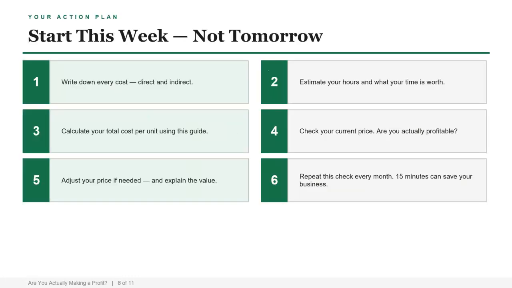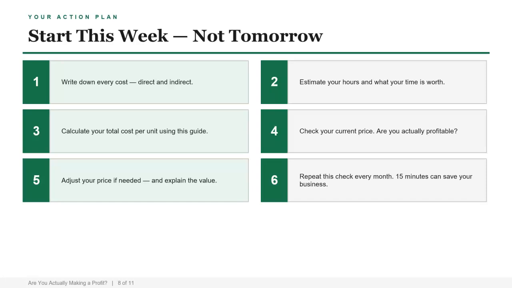And so, as you're watching this video, I want you to do a couple of things for me, starting from now, starting this week, whichever time you get to watch this video. First, write down every cost, direct and indirect. Second, estimate your hours and what your time is really worth. Calculate your total cost per unit using this guide.